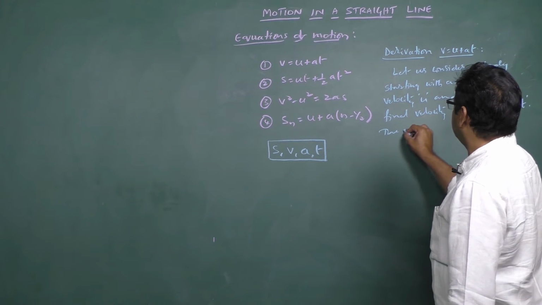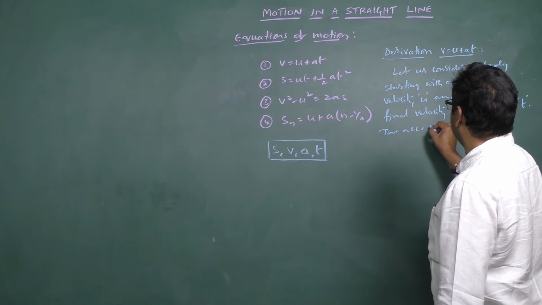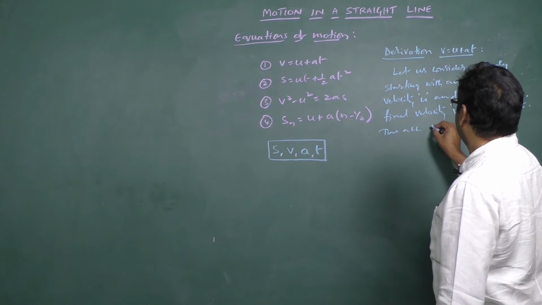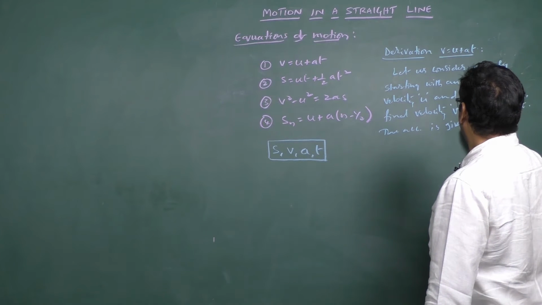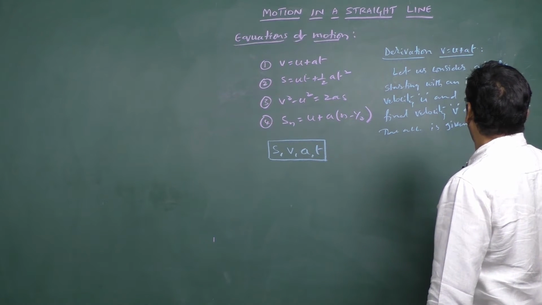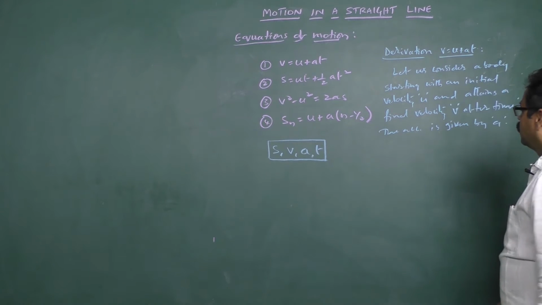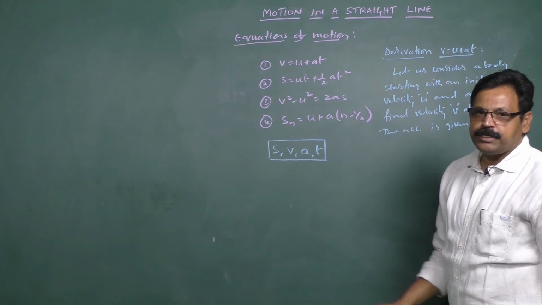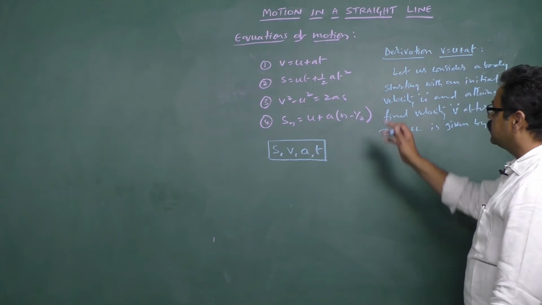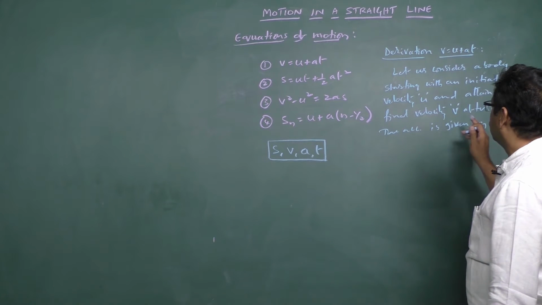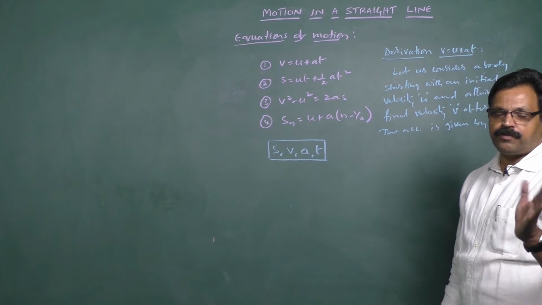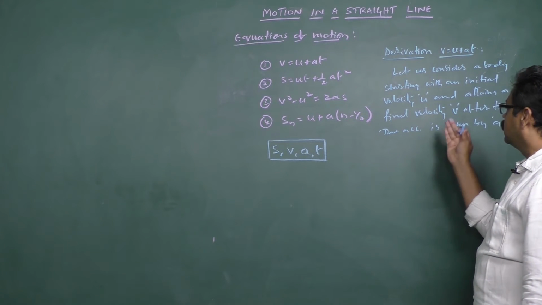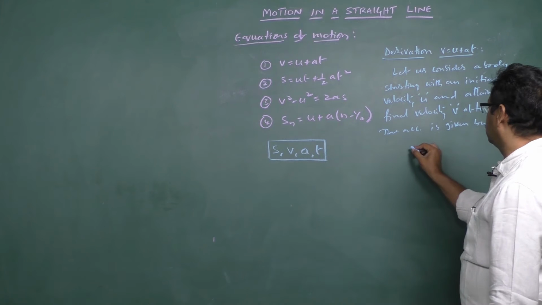The acceleration for the body is given by a. Here these equations are valid for uniform accelerations only. If the body is moving with non-uniform acceleration, these equations are not valid.